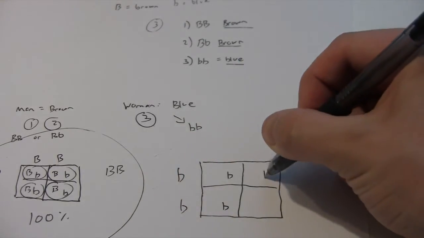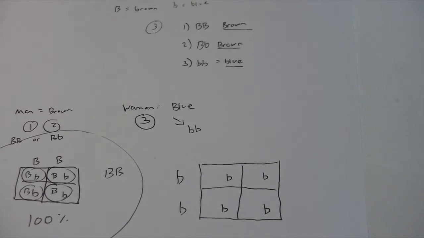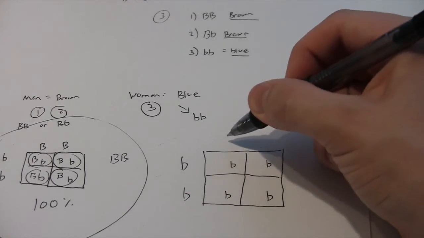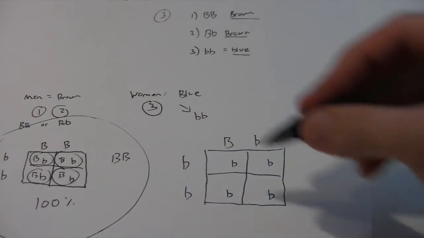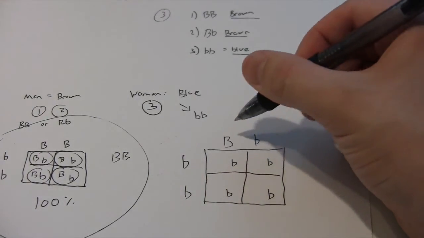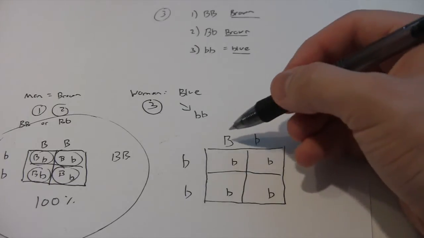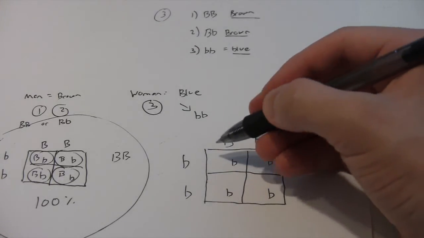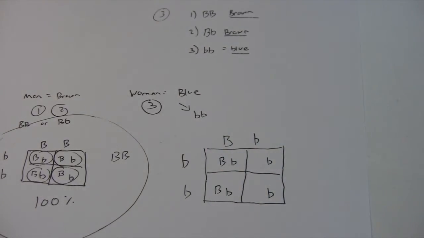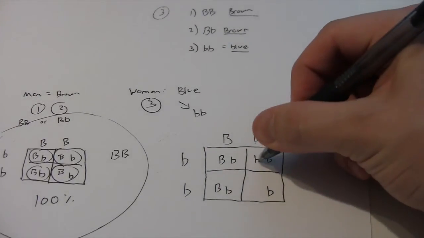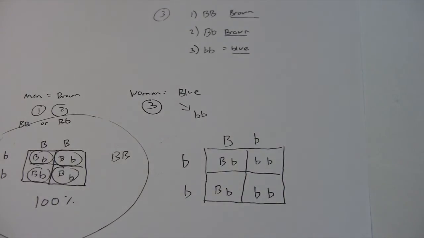Fill in each one of the squares. And now, instead of homozygous dominant, we'll put heterozygous. So for these two, we'll bring down the dominant allele. These two inherit the dominant allele for brown eyes, and these two inherit the recessive allele for blue eyes.